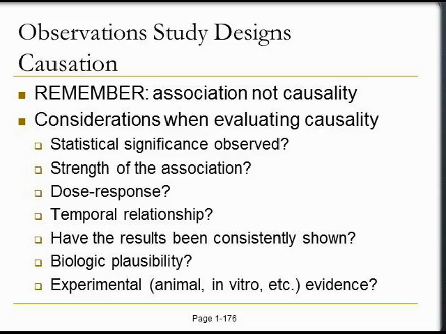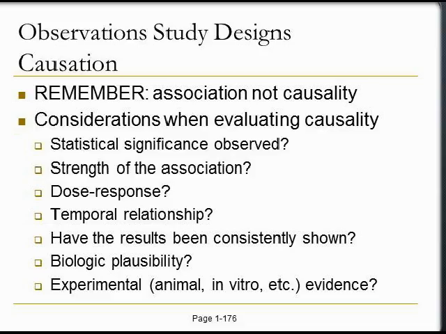We may be able to ask, one, if statistical significance was observed, what's the strength of association? What was the odds ratio? Was it 1.5? Was it 2? Was it 3? The higher the odds ratio, generally speaking, the better the case that can be made for causality.